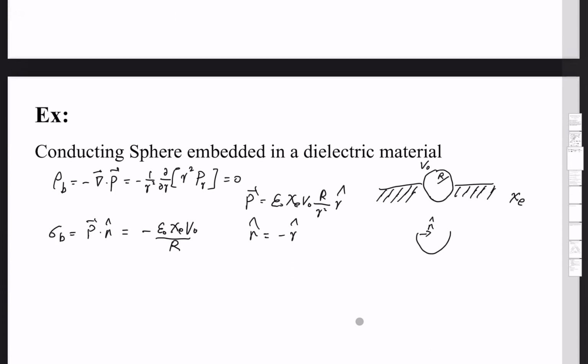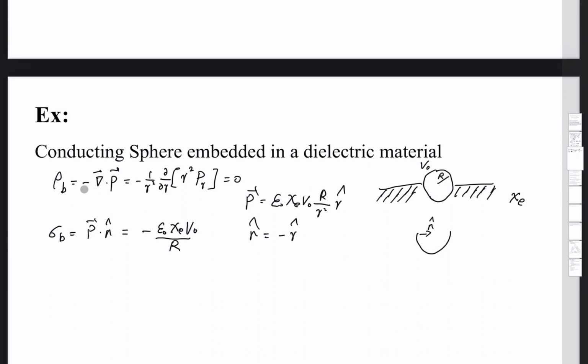In the last session we calculated the P vector, and we found that the P vector is radially along this r direction. Now we also calculated the volume bound charge.